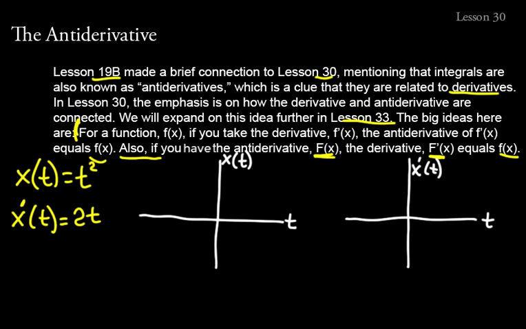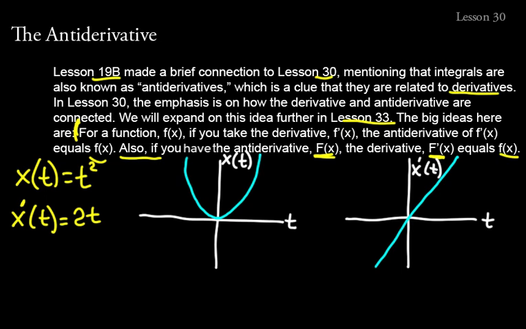Not worrying too much about the scale of these, we know that x of t equals t squared, so that's going to be a standard parabola with a vertex at the origin. x prime of t is 2t, that's a linear equation with a y-intercept of 0.